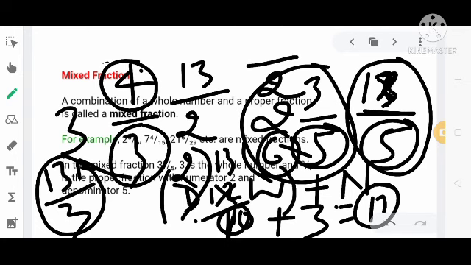The quotient will be your whole number. Always remember, quotient will be your whole number. And the remainder will be the numerator of the proper fraction. This is the combination of whole number and proper fraction, which is called a mixed fraction.